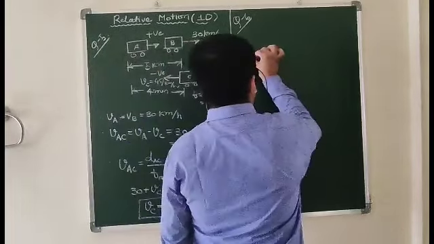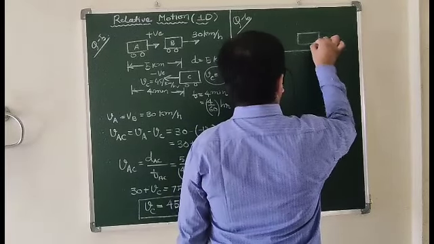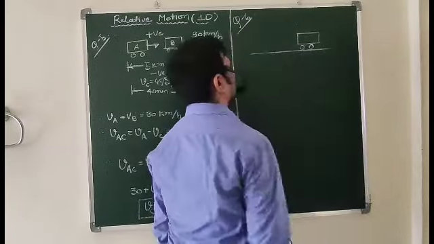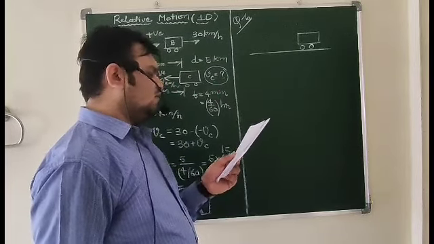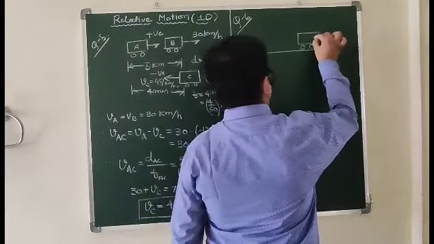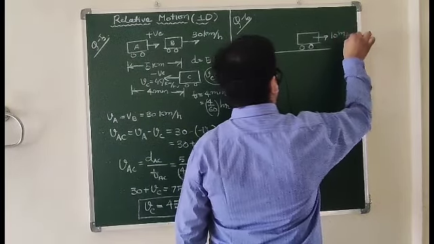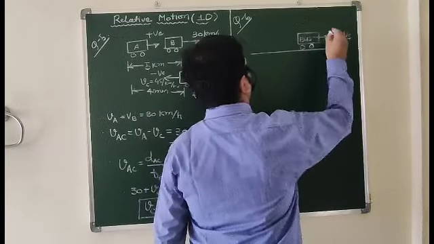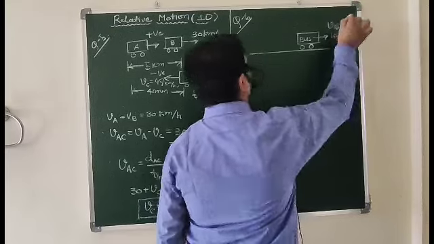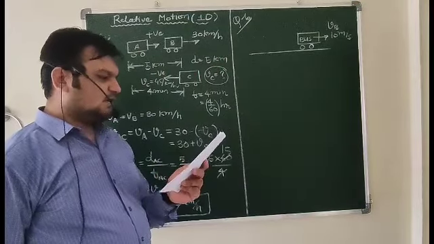Here, a bus is moving with a velocity of 10 meter per second on a straight road. So this is a bus, and VB is 10 meter per second.